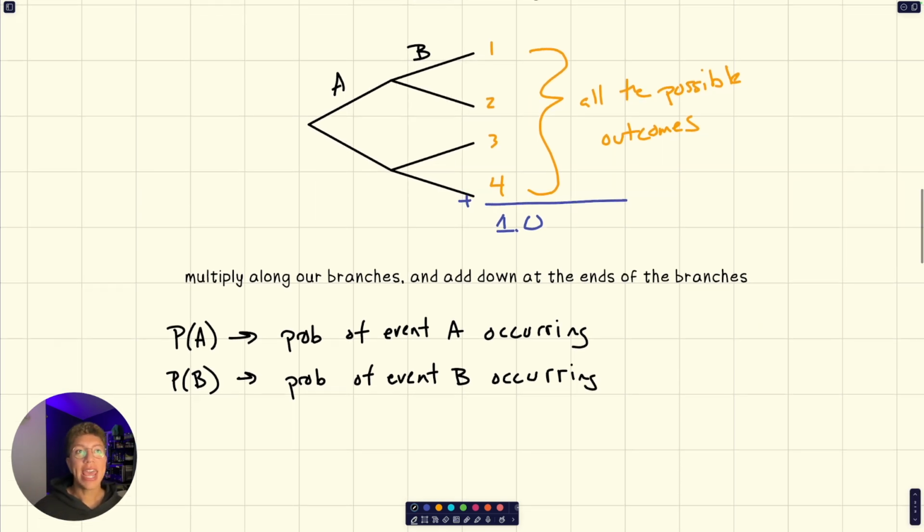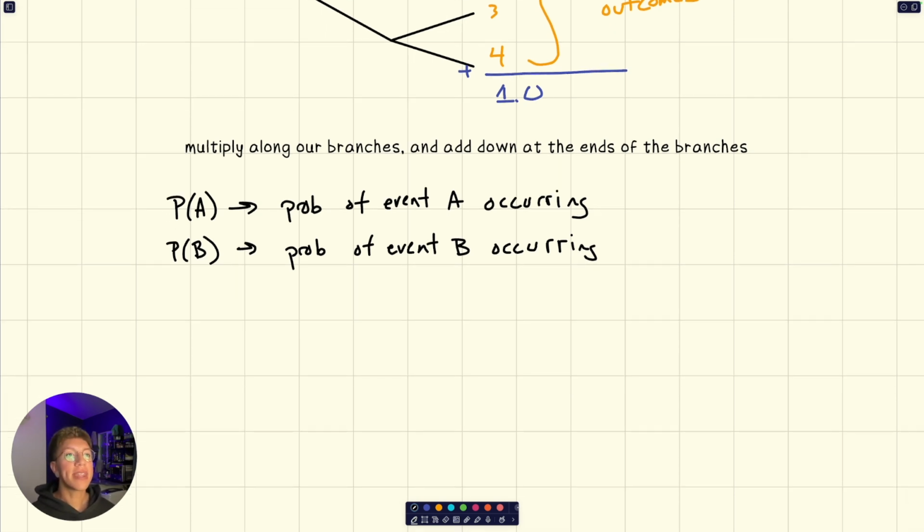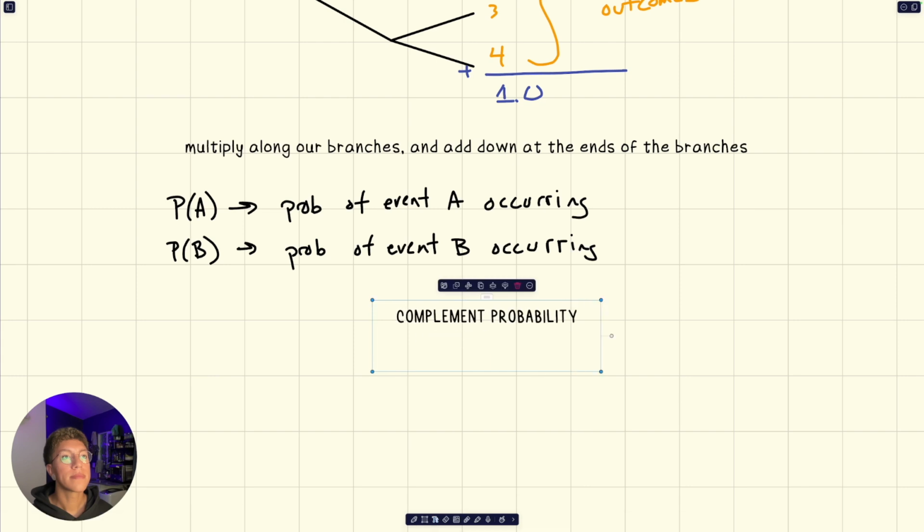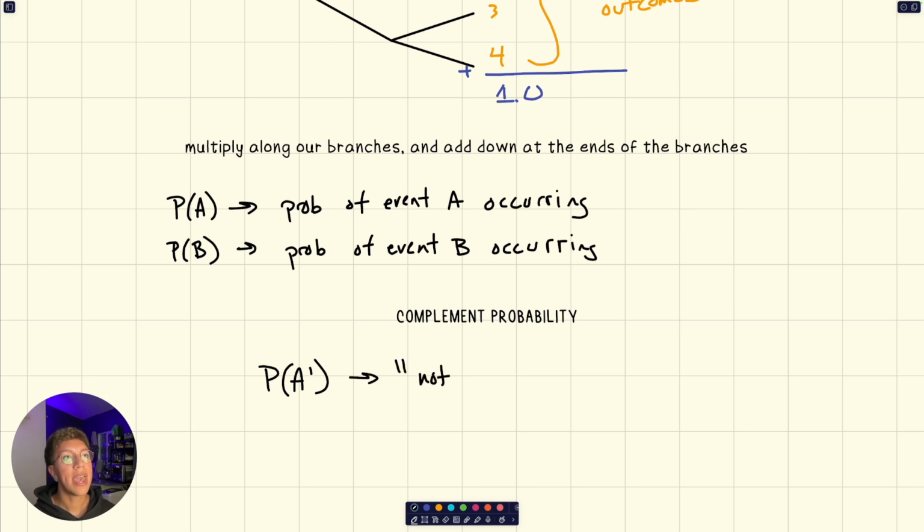Just like before, we're going to have our complement probability. The complement probability is if an event happens, then what's the probability of it not happening? So once again, the probability of A naught, or not A, is going to be 1 minus the probability of A happening.